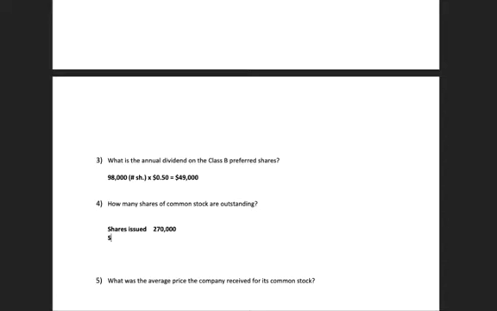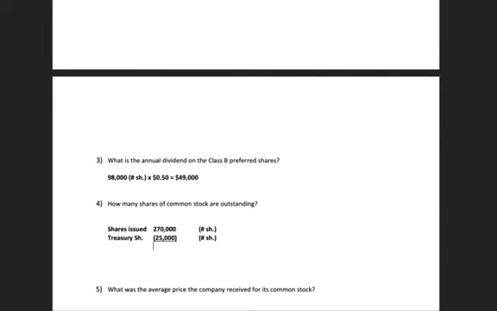So we just take our shares issued, we subtract our treasury shares, I'll abbreviate that so it fits here, and we're going to reduce that by the 25,000. Okay, so shares issued, treasury shares, and these are all numbers of shares. Key point there, number of shares. So pretty simple.